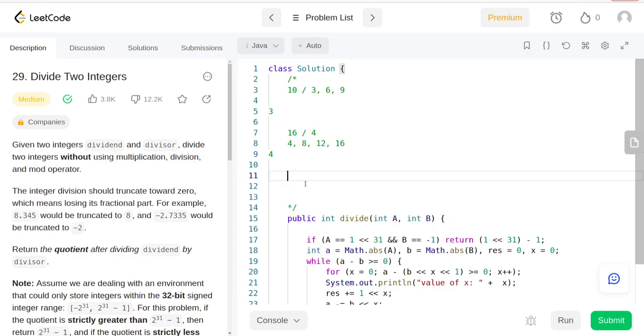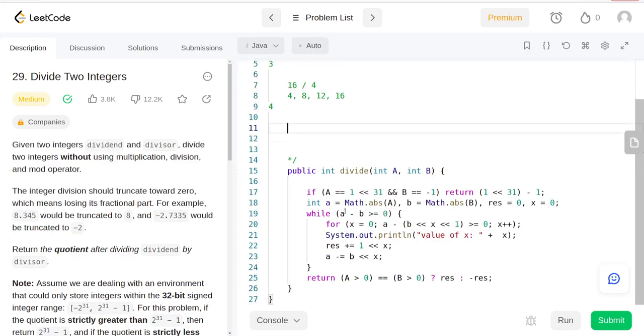Okay, so in order to come up with an algorithm, we need to rethink division here. The algorithm is not intuitive at all. We don't divide numbers like that. So the algorithm is like this. If you are dividing, let's start with 10 divided by 3.